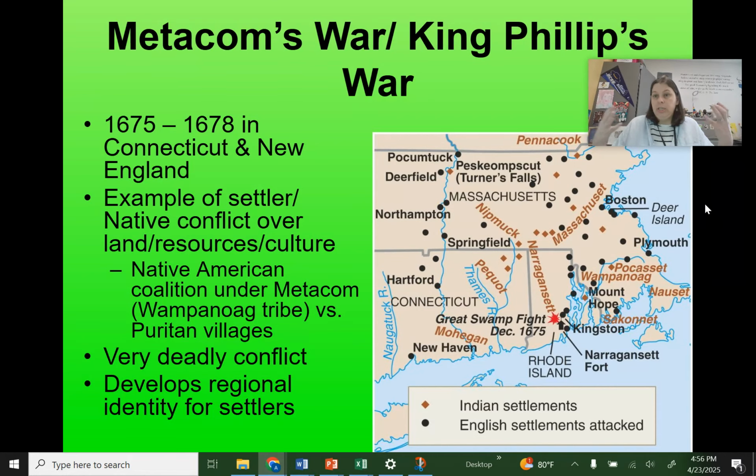So not just to lead the Pequot, but to lead what we might call a pan-Indian coalition of people from different tribes against the settlers, indicating an acknowledgement or an understanding that there needs to be a unified Native versus not Native identity, which we don't always see from Native American conflicts early on.